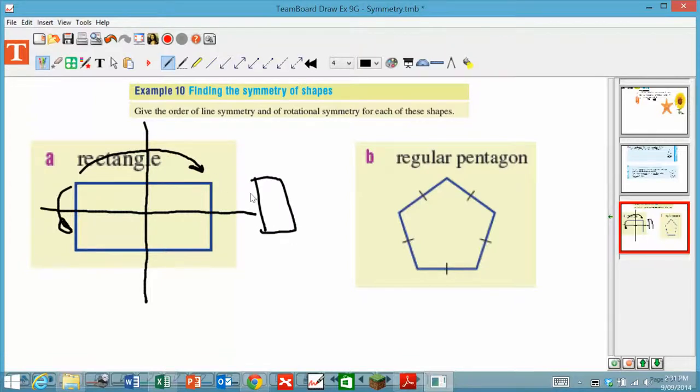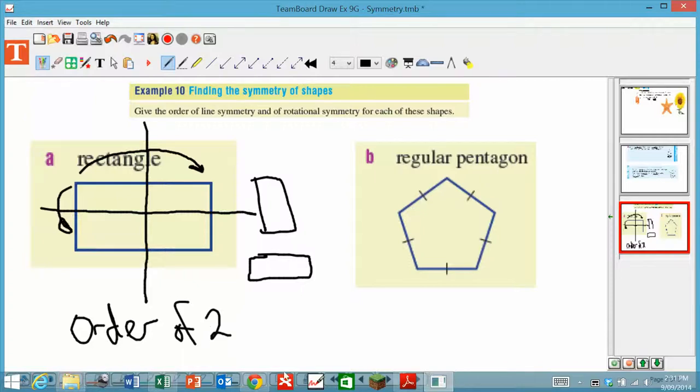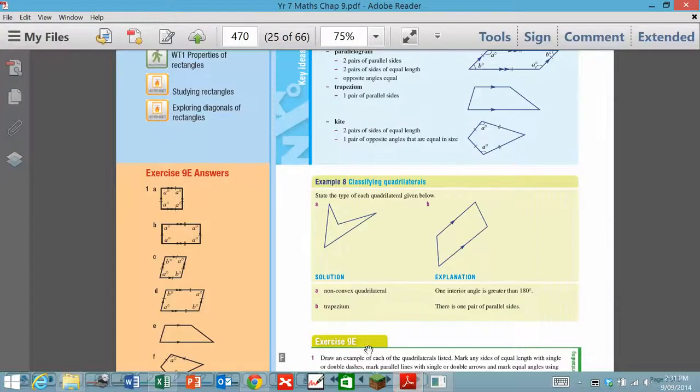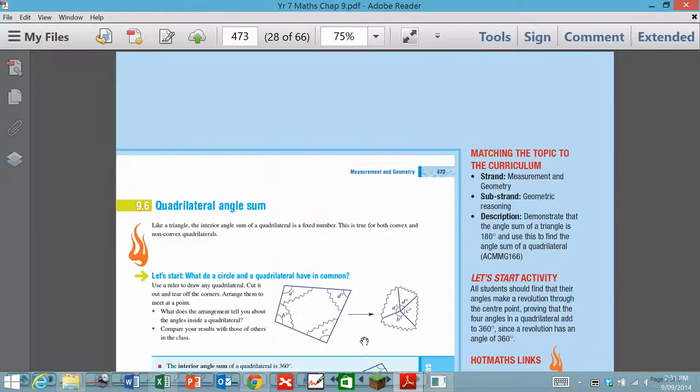That would be like a 90-degree turn. If we rotate it again, it would go back to the original shape. So it'd be once, and then rotating it around would be twice. So it would have an order of 2 in rotational symmetry.